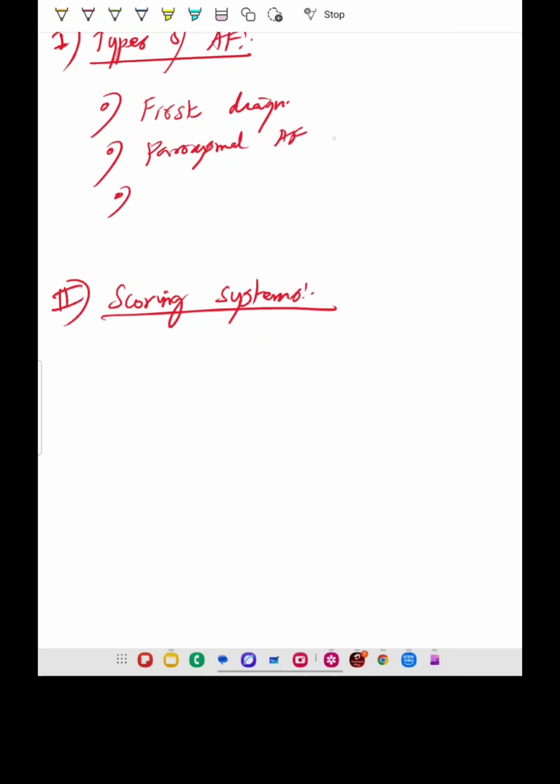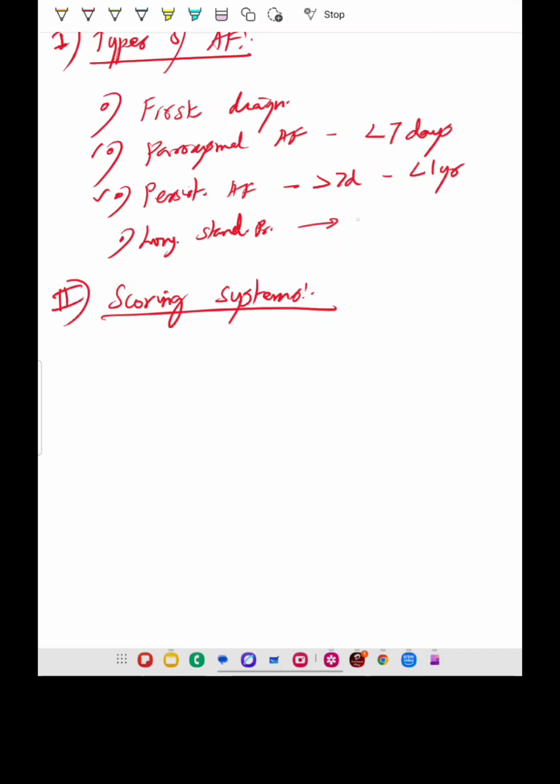That is, your patient develops AF, and that AF terminates either spontaneously or with an intervention within 7 days. And what is persistent AF? AF that lasts more than 7 days to less than 1 year. And what is long-standing persistent AF? AF of more than 1 year.